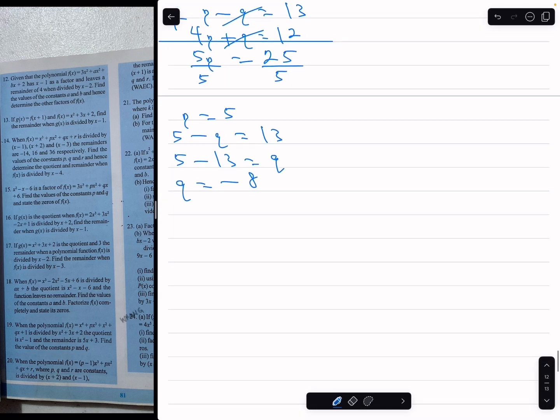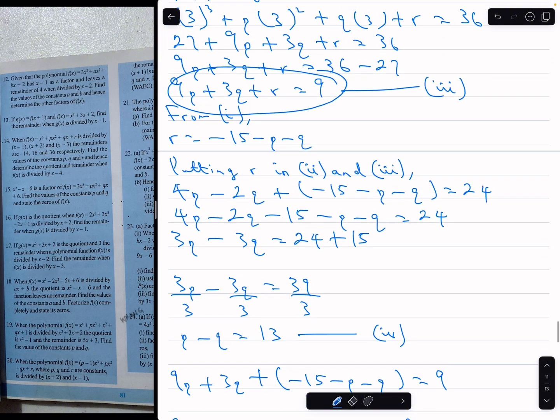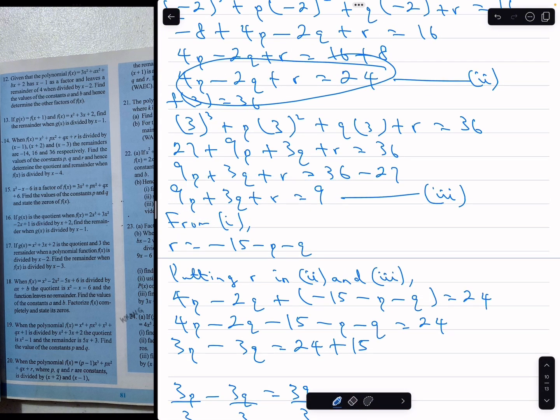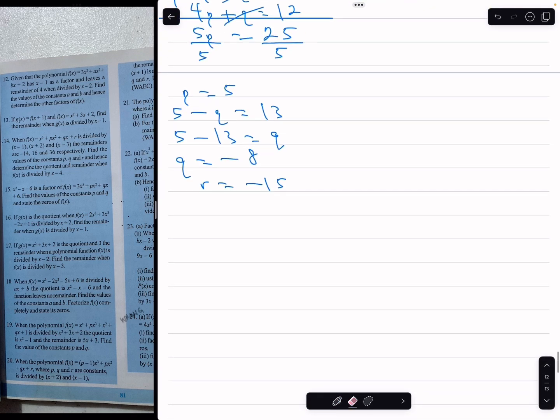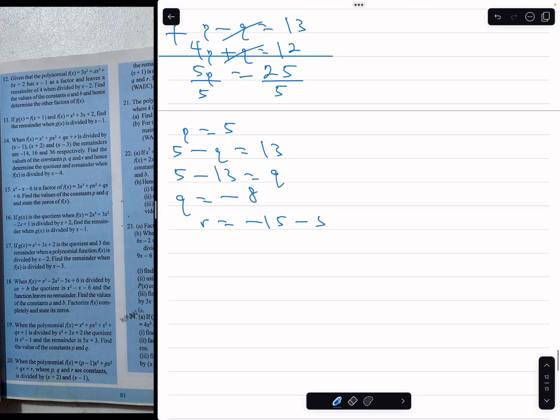Now what is r? We can now find r. Don't forget, r is minus 15 minus p minus q. So that's minus 15 minus p, which is 5, that's minus 5, minus q, that's minus 8.